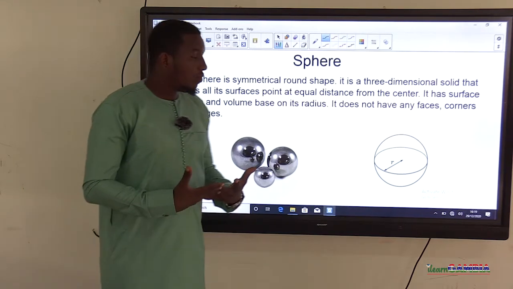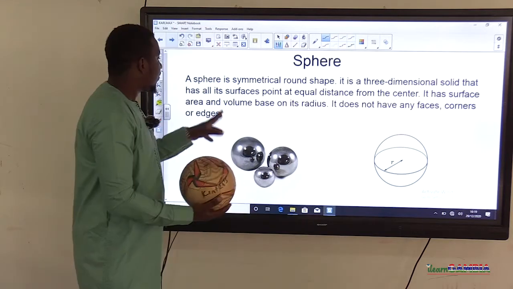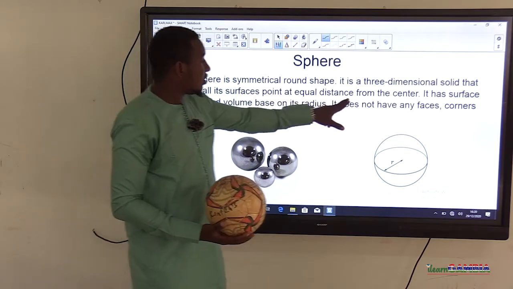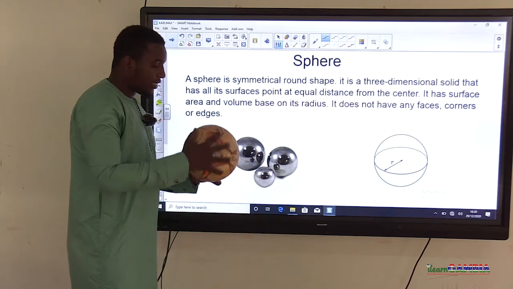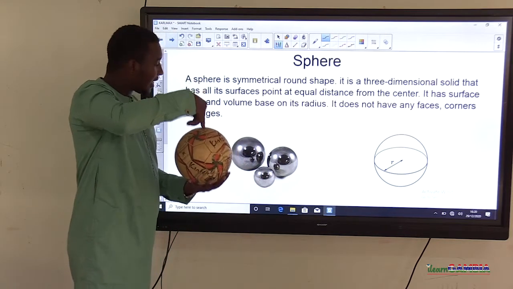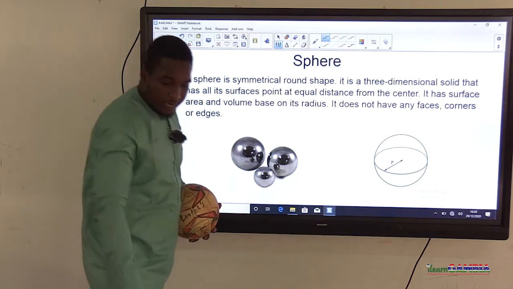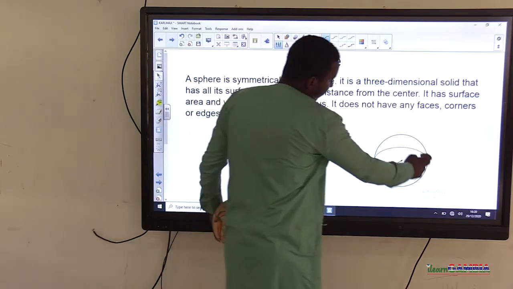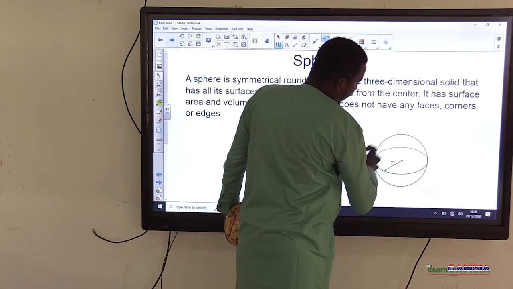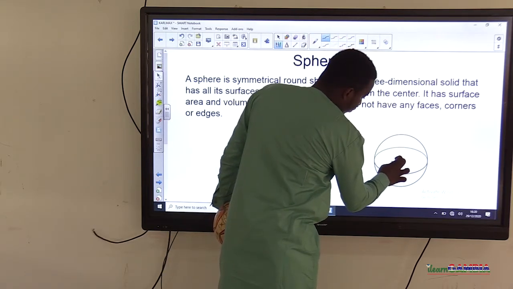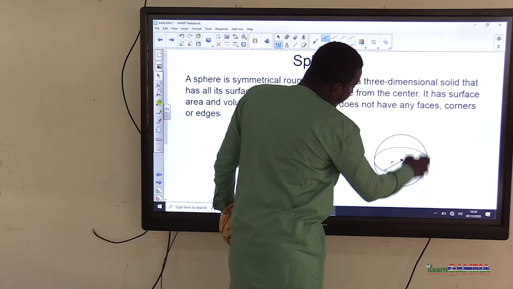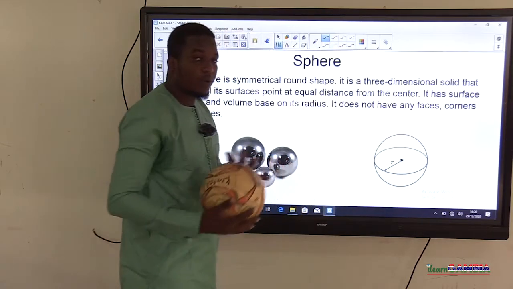Now, first of all, what is a sphere? We said a sphere is a symmetrically round object. It is an object that is perfectly round. An example here, we have a ball which is perfectly round. The center of the ball is here, so the center is an equal distance from the surface of the ball.